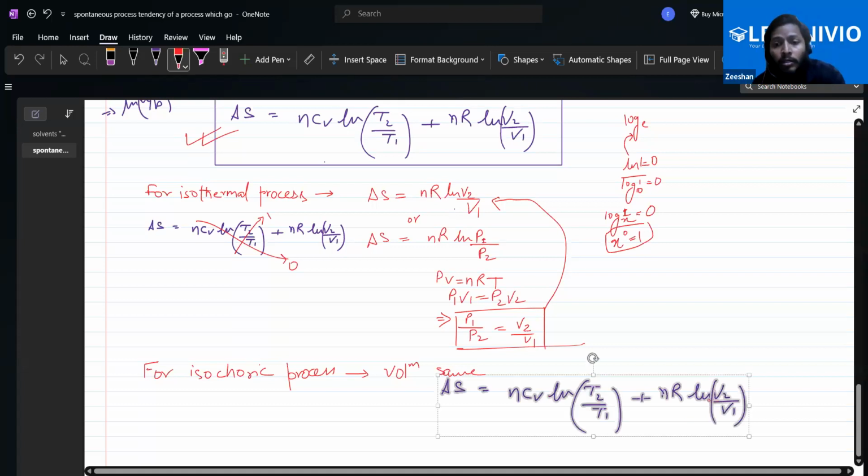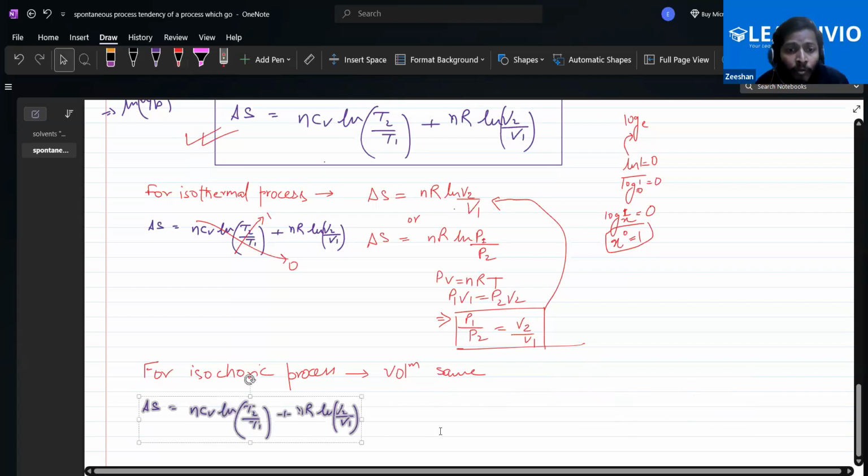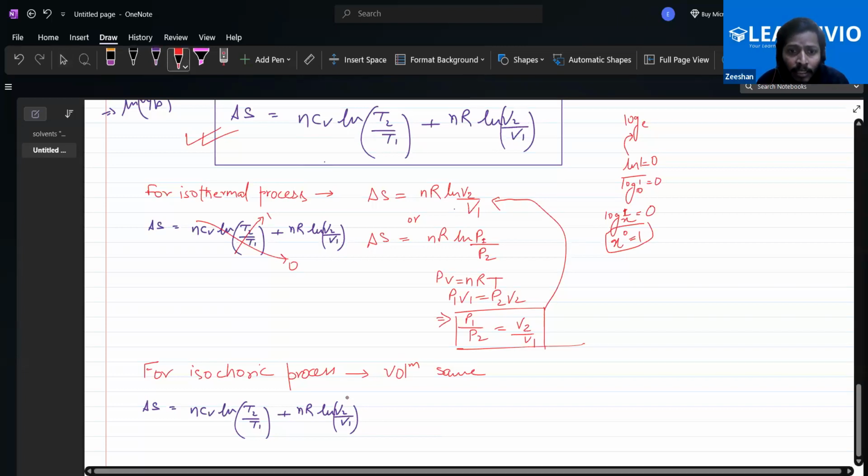So what will we cancel here? Volume. Here the volume is same, right? So this will cancel out, this will cancel out 1, and this nR ln 1 will become 0.